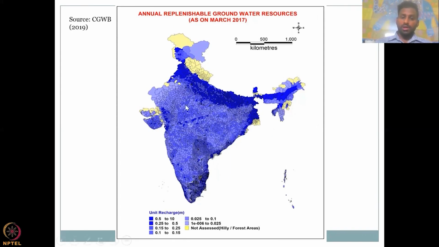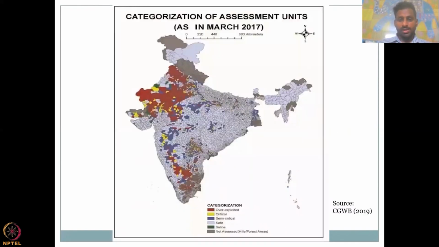The hilly regions are not easy to access, so they are left blank or without any assessments. But most importantly, the lower levels are present in central India, and that's where all the irrigation also happens. So it is very important to understand where your annual groundwater recharge is happening. Now, based on the extraction, you have your groundwater recharge, and you know how much water is being extracted based on the agricultural surveys and also the water level after the irrigation season.